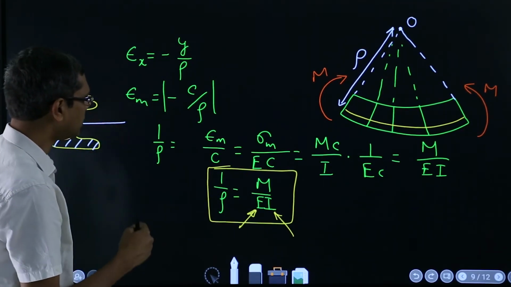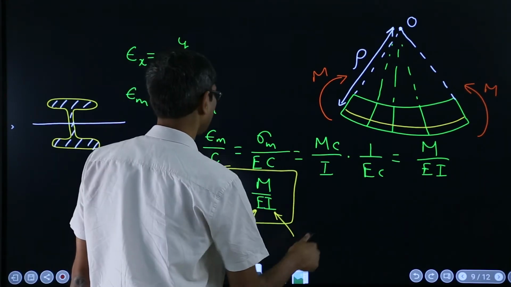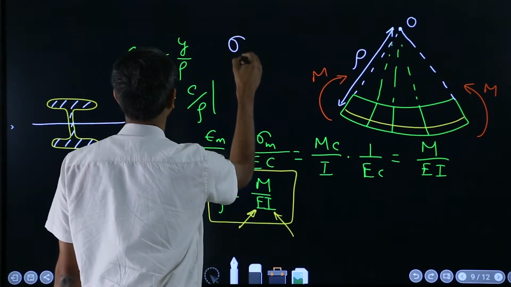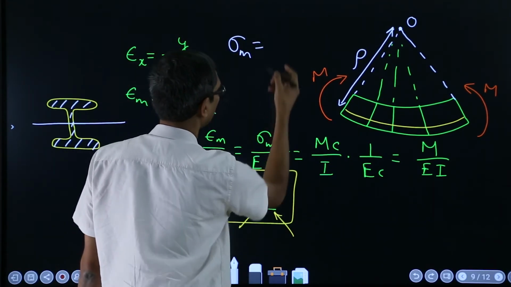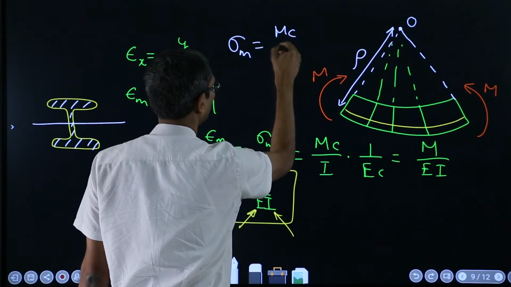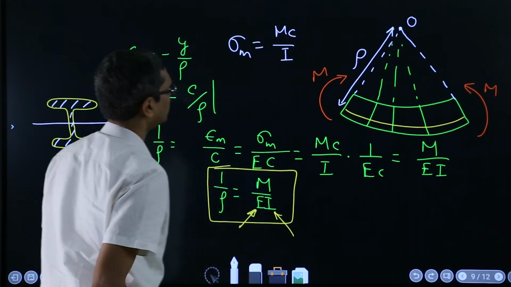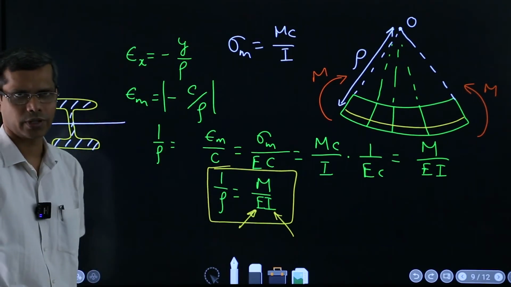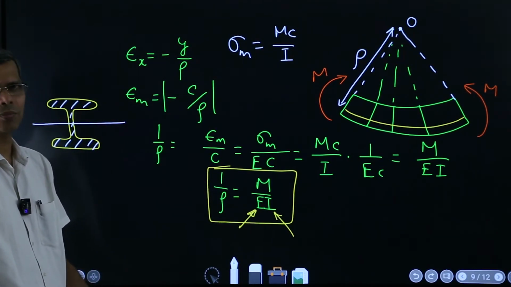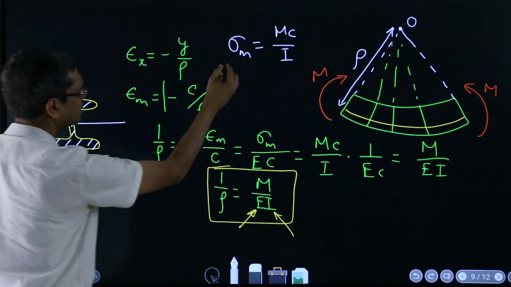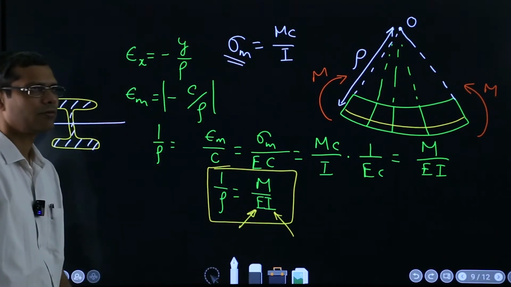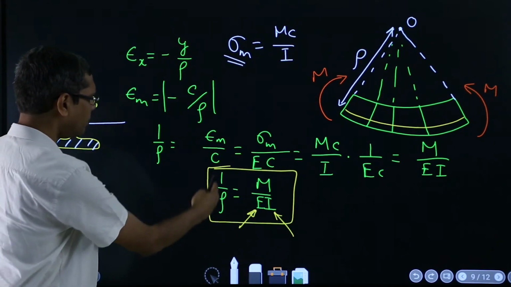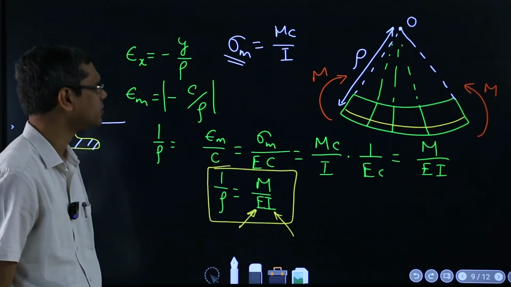And there is one point which you can see. If you just see this equation, previously we had defined, right? Sigma m was nothing but mc over I. Now, one point you should observe: in this effort of increasing the moment of inertia, because that is always your aim to reduce the maximum stress that gets developed, you always try to increase the moment of inertia, so that the bending also will be reduced, the stress will be reduced, everything is good.